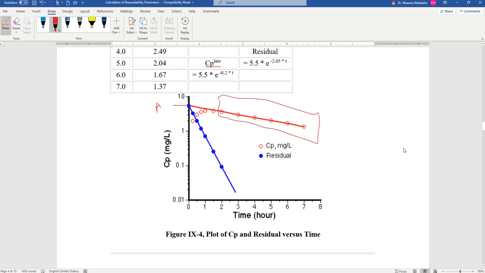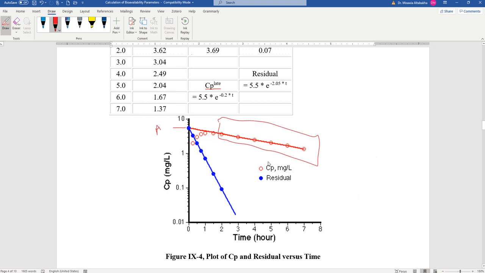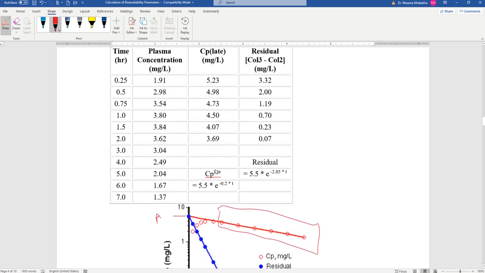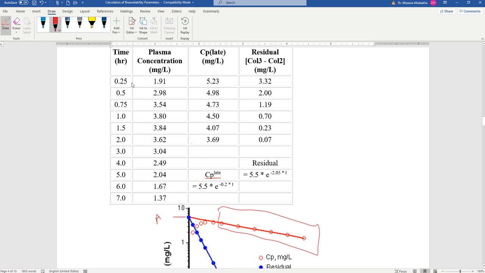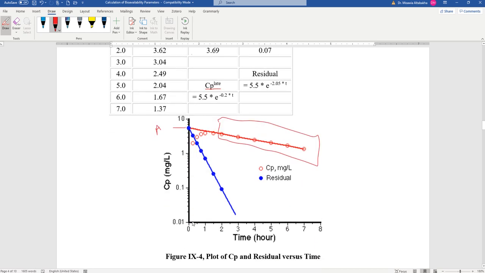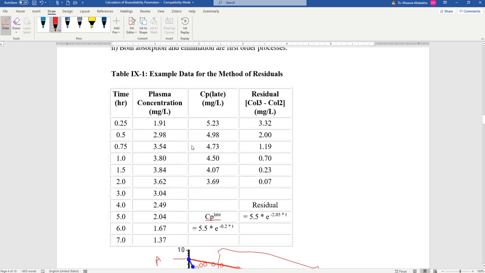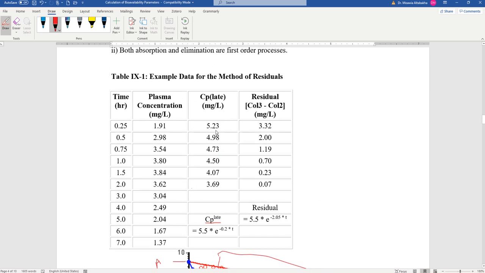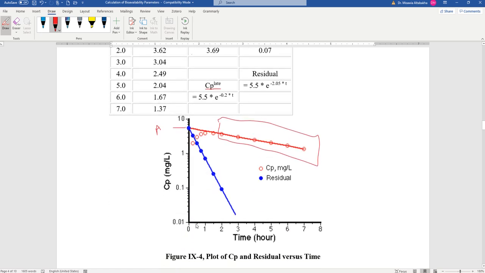Okay, then what did she do? Judy went to the time 0.25, here. She went to the straight line of the CP late, and she read the concentration and put it here. The CP late at time 0.25 hour is 5.23. Then she went to half an hour.